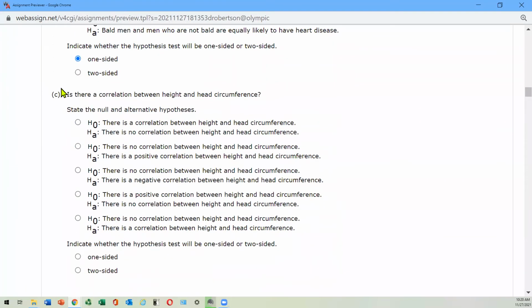This one here says, is there a correlation between height and head circumference? So in other words, they are either equal to or they're not equal to. So the first one is there's no correlation, and the second one is that there is.